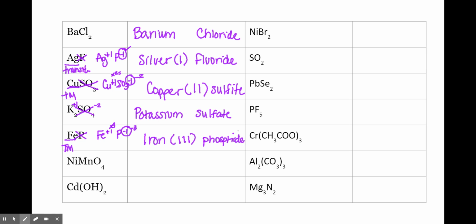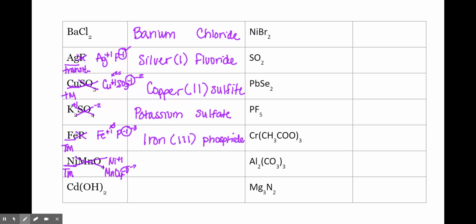Next, we have nickel and then MnO4. Cross up my charges. You'll notice nickel is a transition metal. So I need to cross up my charges. This is saying that nickel is +1, and then MnO4 is -1. Checking the MnO4 manganate on your polyatomic ion list.